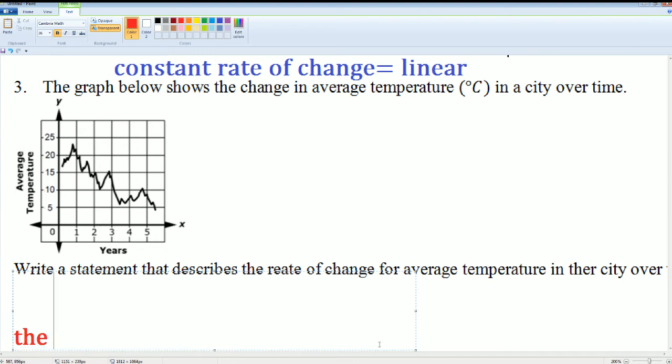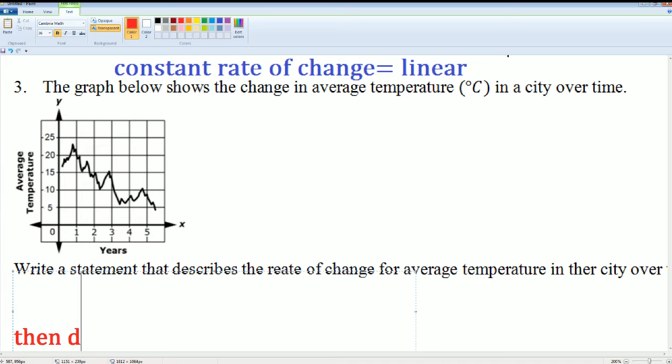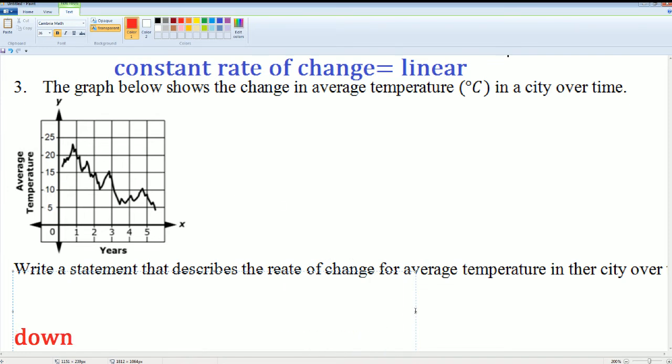The average temperature is changing up, then down, then up, then goes way down. Okay, it seems like a lot of things are happening here.